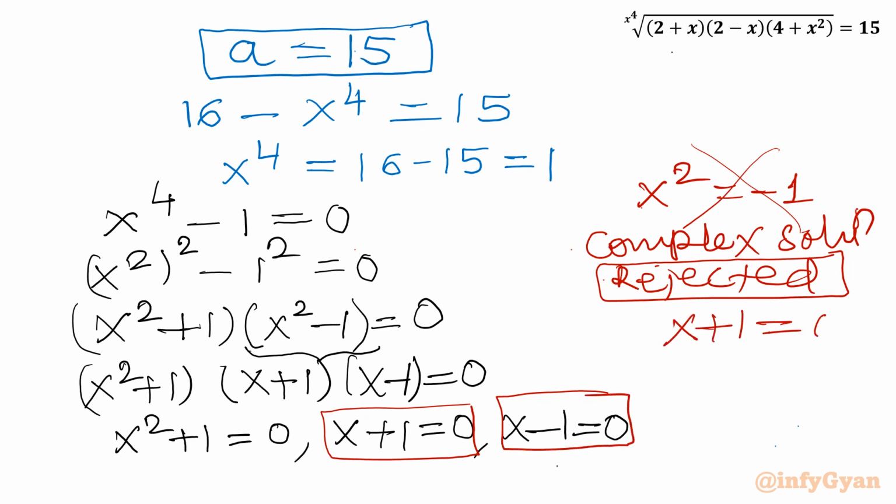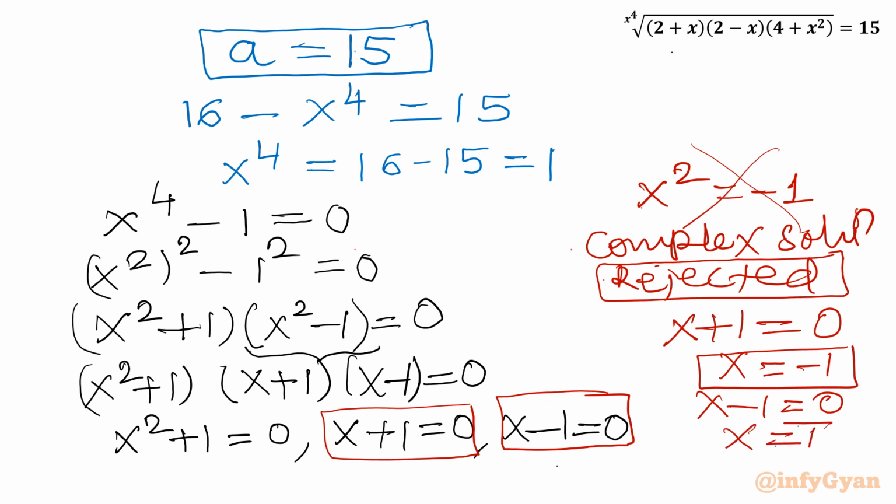X plus 1 equal to 0, x is equal to minus 1. x minus 1 equal to 0, x equal to plus 1. So our final solution for this radical equation is x is equal to plus and minus 1.